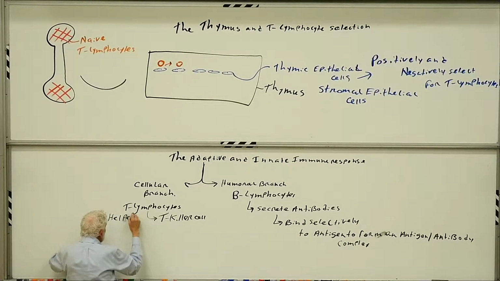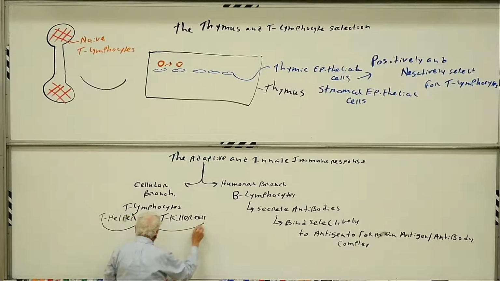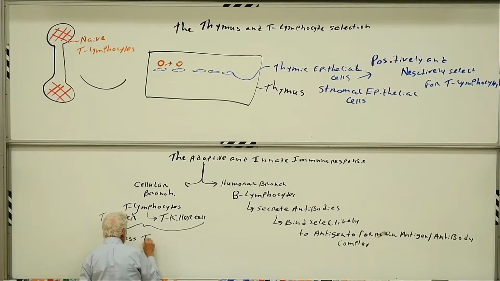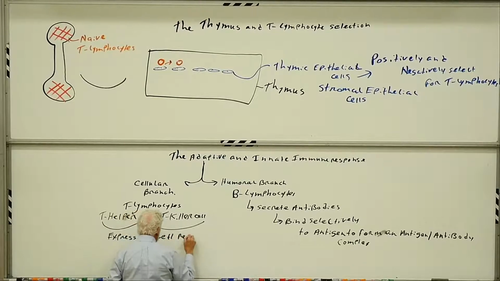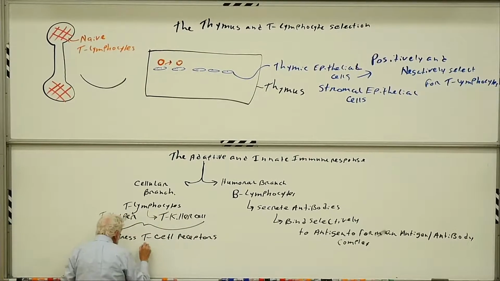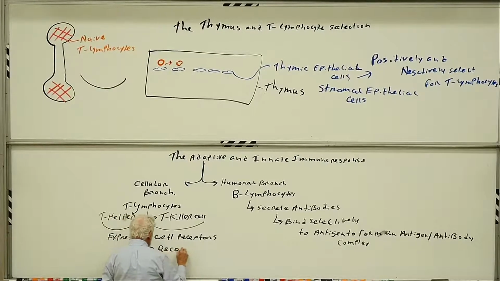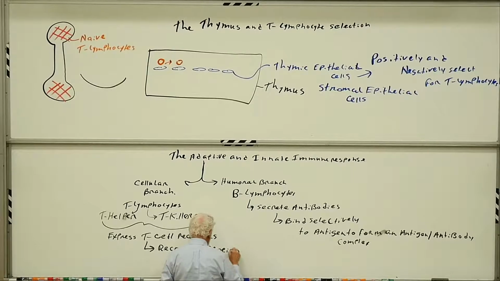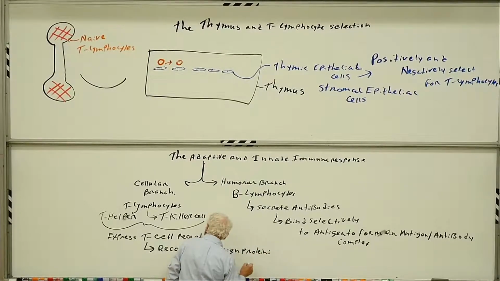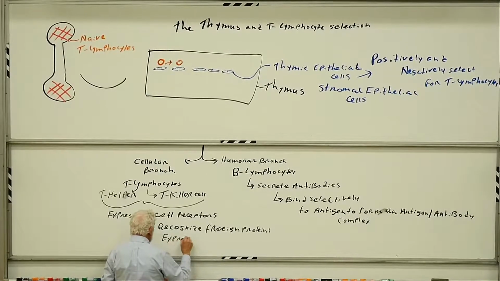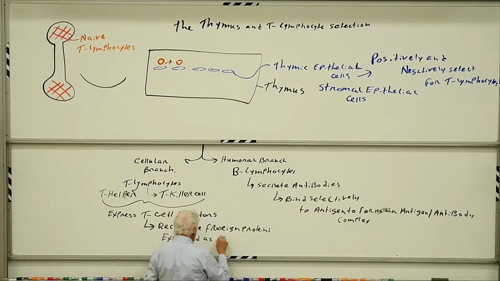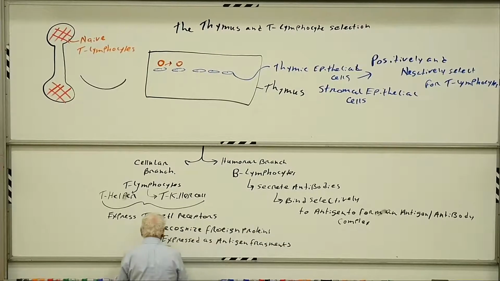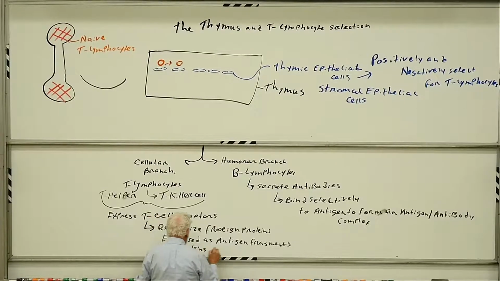Whether one or the other, these express something known as T cell receptors, and the T cell receptors recognize foreign proteins expressed as antigen fragments on proteins of other cells.